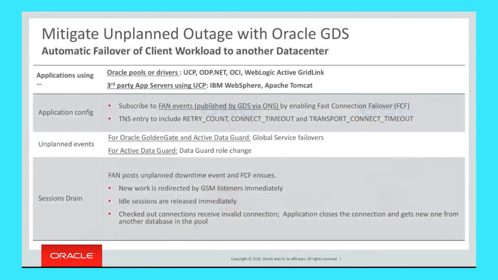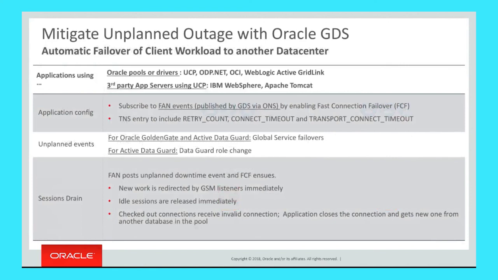Now, I said there are ways to mitigate downtime when it's planned or unplanned. Let's talk about those. What kinds of downtime are we talking about? Let's say a database crashes, whether it's unplanned, or for that matter, you took it down and then the service has automatically failed over, right? So those are the scenarios we're talking about.